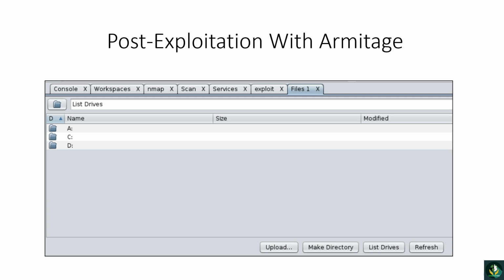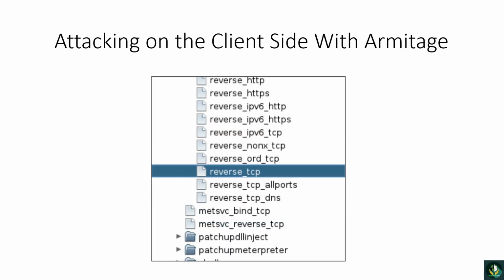So let's extend our approach to client-side exploitation with Armitage. Attacking on the client side with Armitage. Client-side attacking requires the victim to make a move, as we have seen many times in our past lectures. We will attack the second host in the network that is running a Windows 7 system.